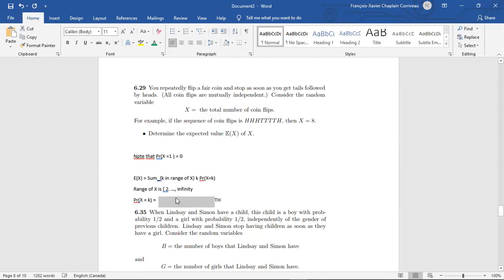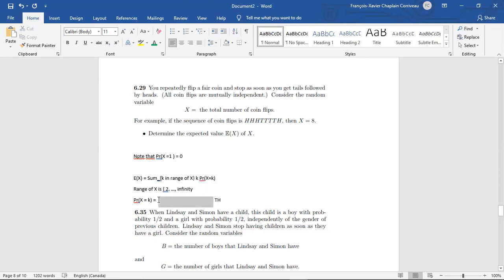What do I know about this part here? Well, if this is the first time that this happens, it means that in all my previous tosses, this did not happen, right? If x is equal to k, it means that this was the first time that this happened, and this ended on the kth toss. So I know that the rest of my sequence does not contain tails head.